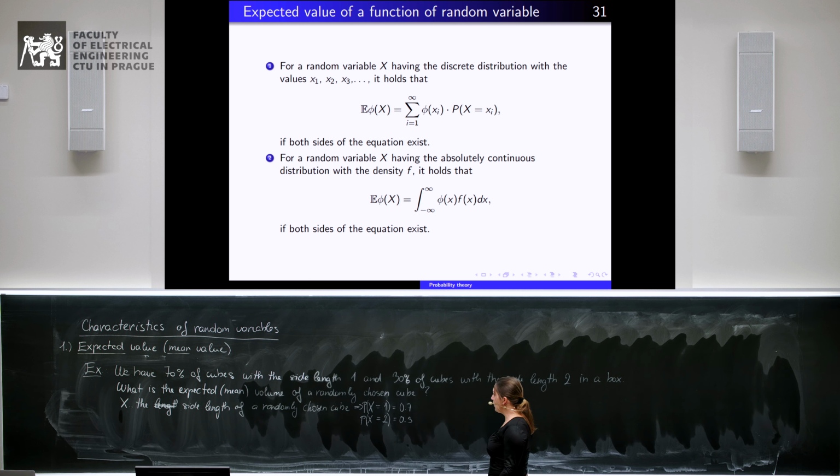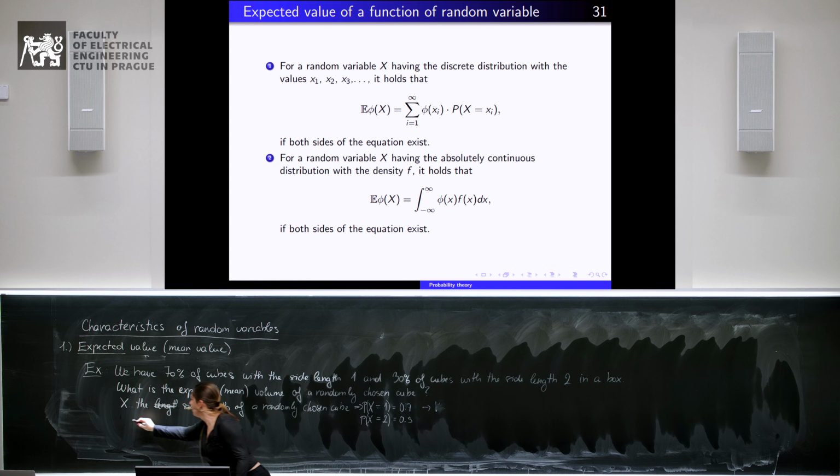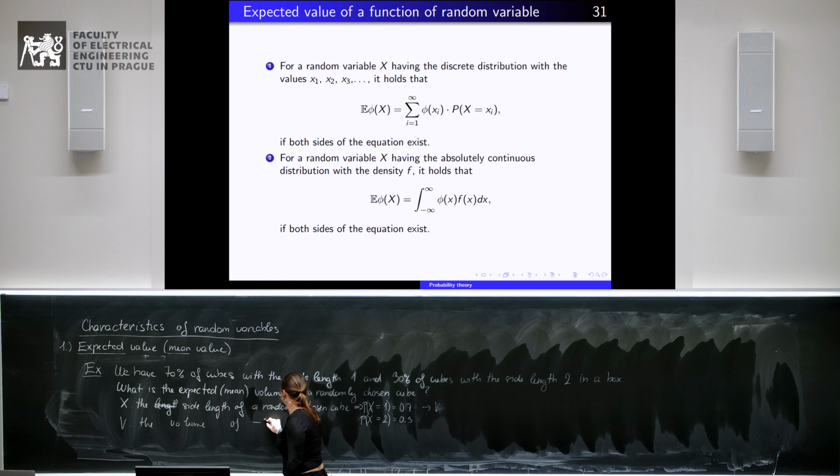But as I said, we don't care about the side length, but we care about the volume of a randomly chosen cube.